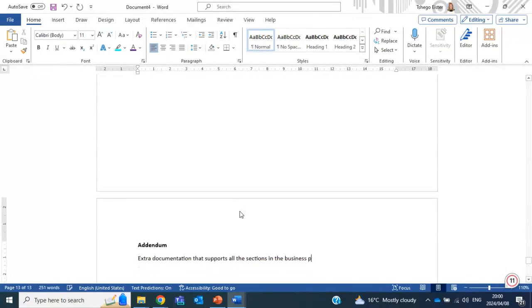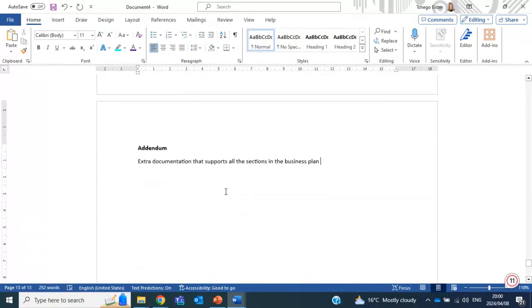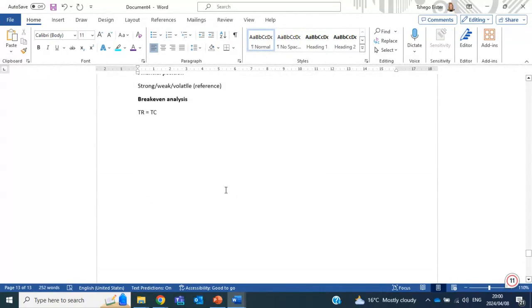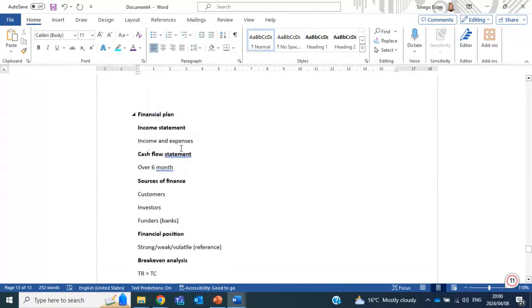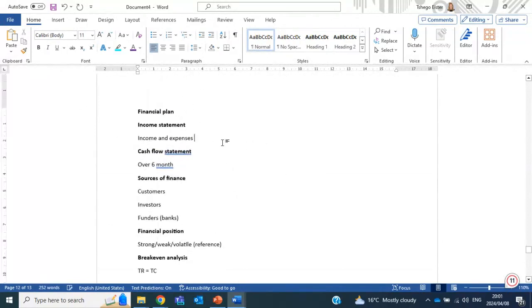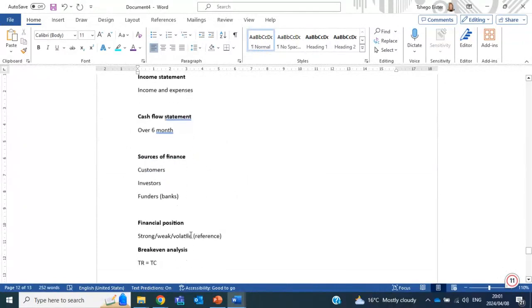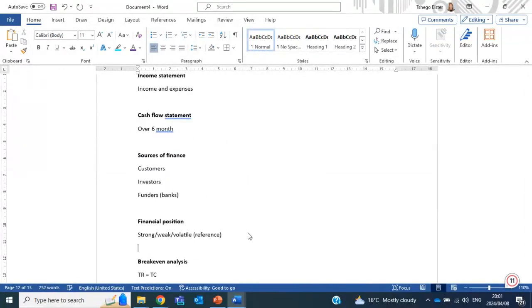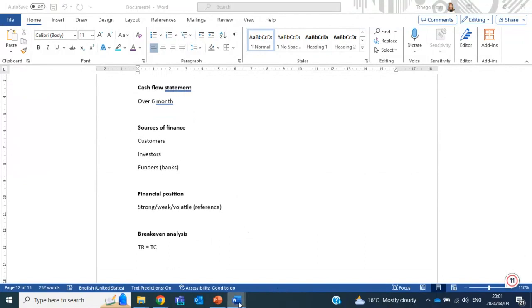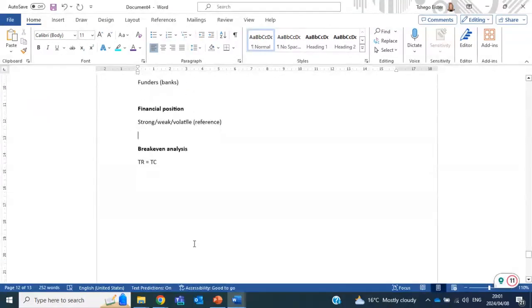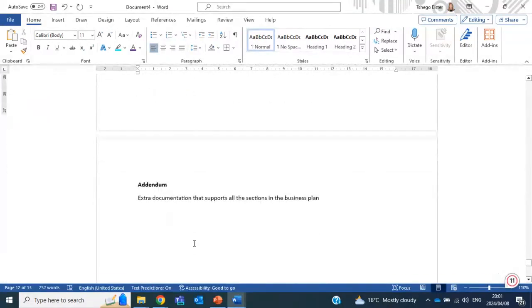For instance, we talked about the financial statements. So if you have financial statements, then it means that the financial statements that you provide will be part of your addendum. So that's your addendum.